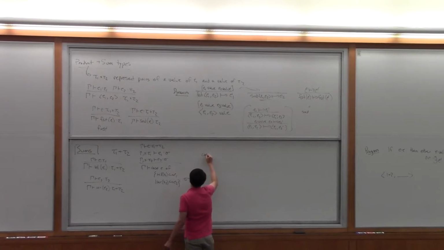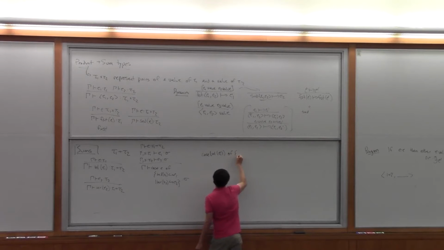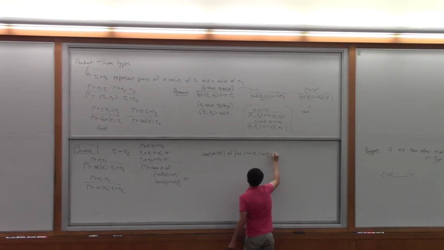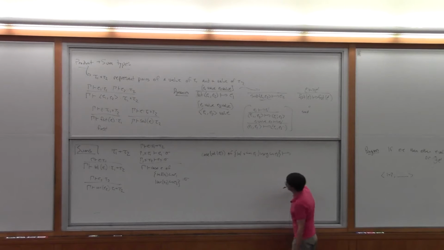And then the operational steps are, of course, if I'm case analyzing in left of some E, and my branches say in left of X goes to E1, or in right of Y goes to E2, then where do we proceed to there?